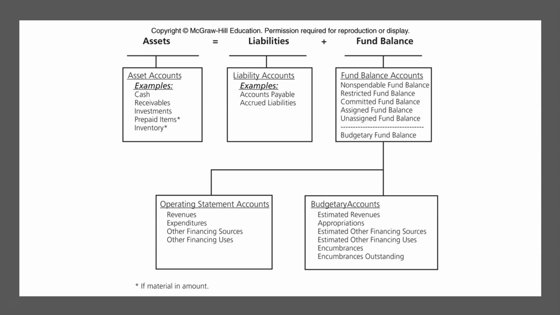So if we have some expenditure that is related to services, it might go into salaries and wages for permanent positions, or salaries and wages for temporary positions, or salaries and wages overtime.